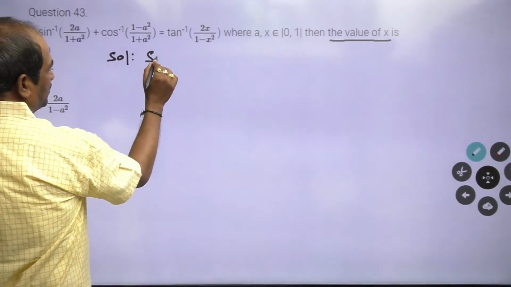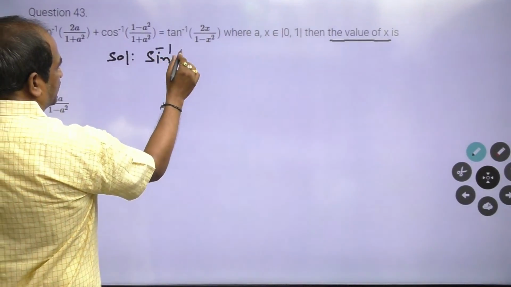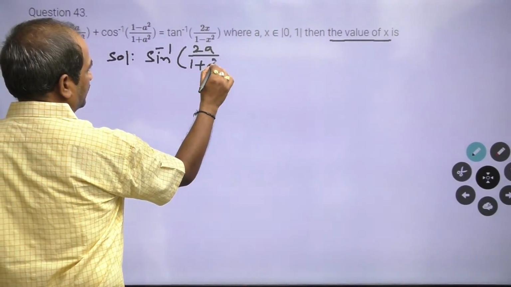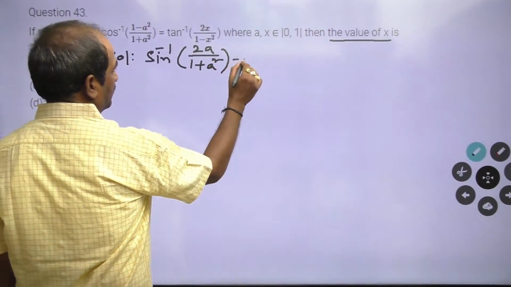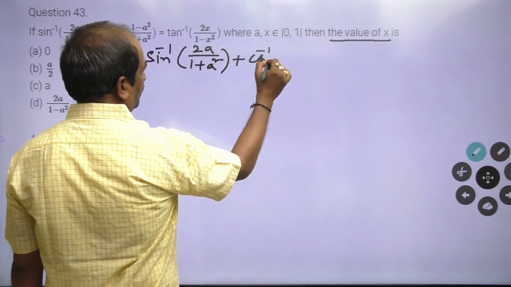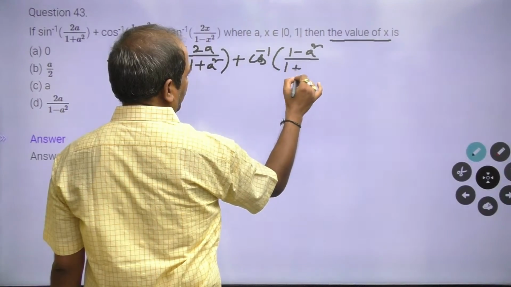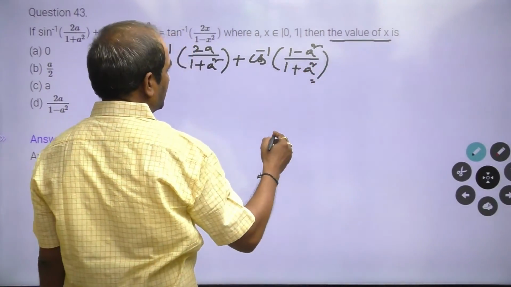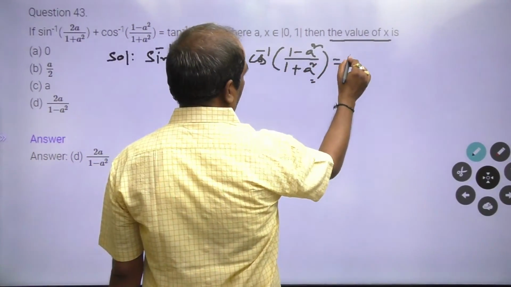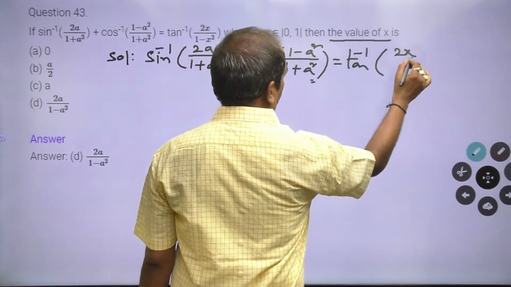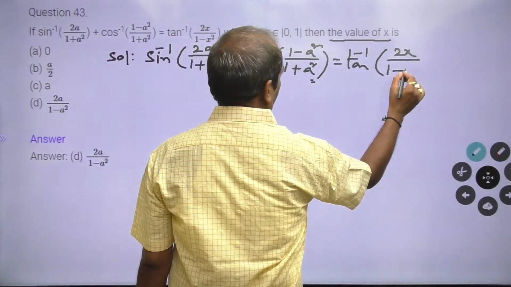The given equation is sin inverse of 2a by 1 plus a square plus cos inverse of 1 minus a square by 1 plus a square is equal to tan inverse of 2x by 1 minus x square.